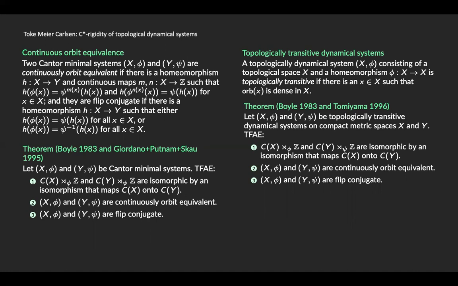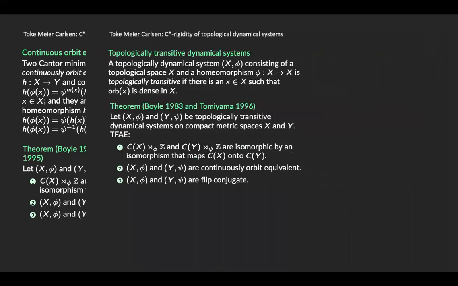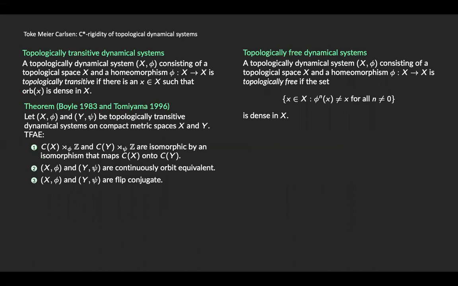Shortly after this, there was another generalization of these kinds of results. Mike Boyle and Tomiyama got together and generalized this result to what are called topologically free dynamical systems. A topological dynamical system is said to be topologically free if the set of non-periodic points is dense.